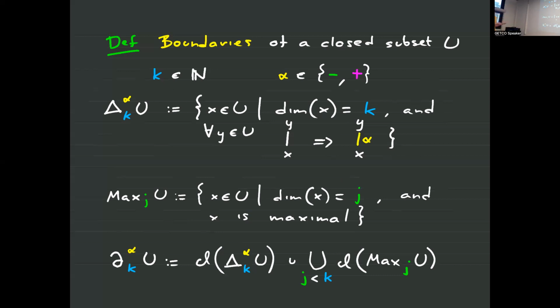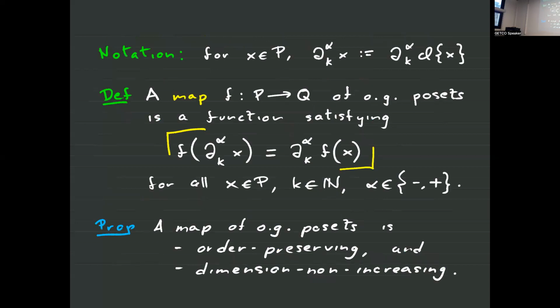So we put everything which is below these things in the set, but we also put everything which is maximal and not actually of dimension k or larger than k. Just some notation: I'll write boundary of x for the boundary of the closure of an element x.